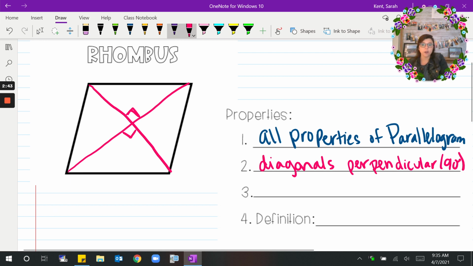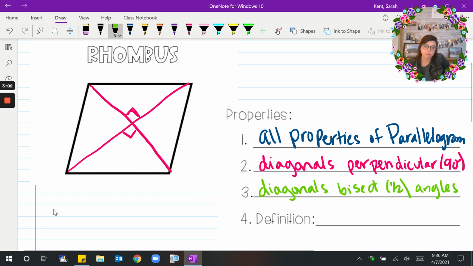And then another point is that our diagonals bisect, or cut in half, the angles. So that means this pink diagonal bisects this angle, so those pieces are the same.